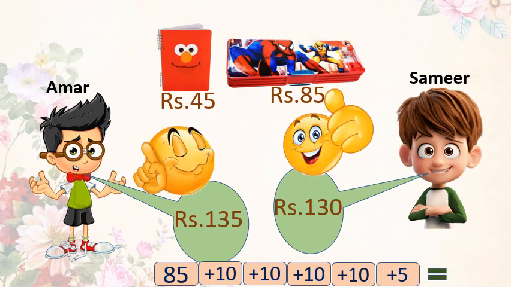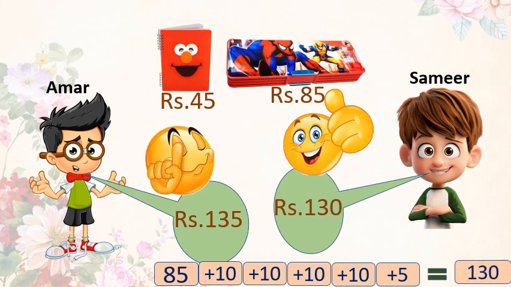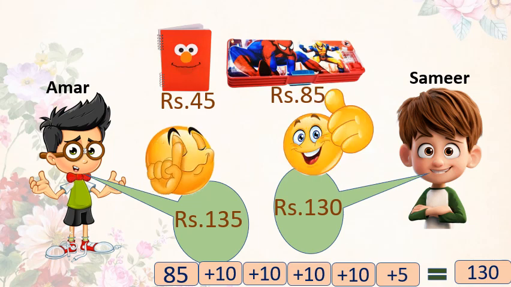See, 85 plus 10 is 95, plus 10 is 105, plus 10 is 115, plus 10 is 125, and plus 5 is 130, isn't it? So whichever, rupees 135 and rupees 130, Samir's answer, rupees 130, is the perfect answer, isn't it?